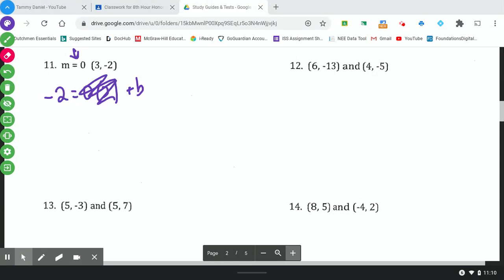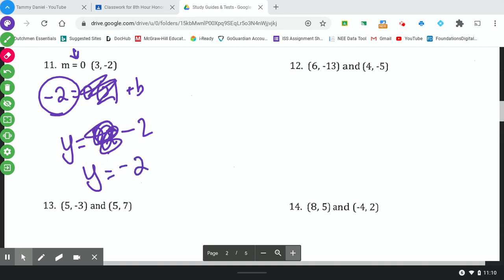So B is going to be -2. If our M is 0 and we plug that in, Y equals 0x minus 2. Do we really need that 0x there? No, we do not. So it's gone. Our equation is just going to be Y equals -2. And when you get something like this where the slope is 0, it's going to be a horizontal line. Remember earlier we had where the slope was undefined and we had a vertical line like this. So that's undefined, and this is slope equals 0.